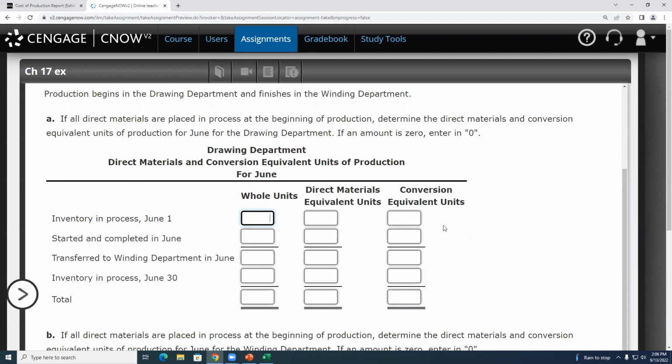First in, first out, or FIFO, means we assume that the first thing that happens is we finish up the beginning inventory, and then we start new inventory for the current month. Just like in chapter 6, that may not be what actually happens. So in the example of the refinery, we don't finish up the crude oil from May before we add more crude oil from June.